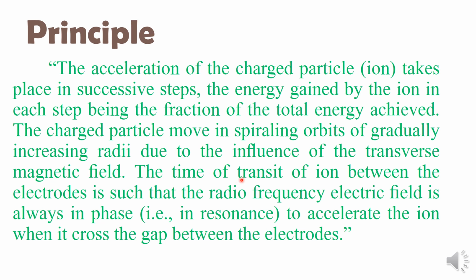The time of transit of the ion between the electrodes is such that the radio frequency electric field is always in phase to accelerate the ion when it crosses the gap between the electrodes. Now this is the principle of cyclotron. You will understand the principle better after discussing the construction and working of the cyclotron.